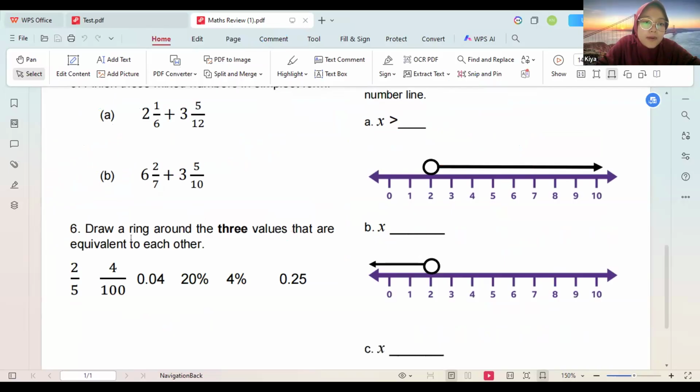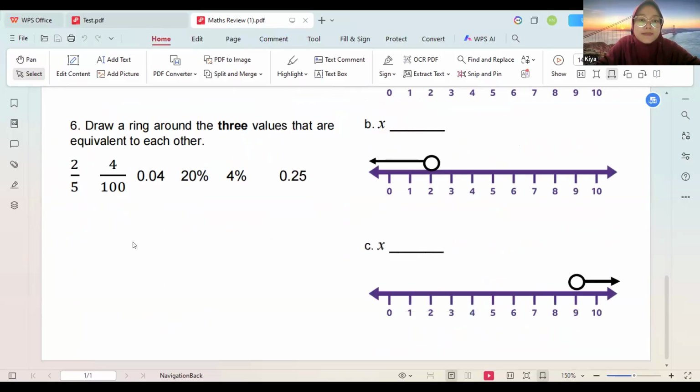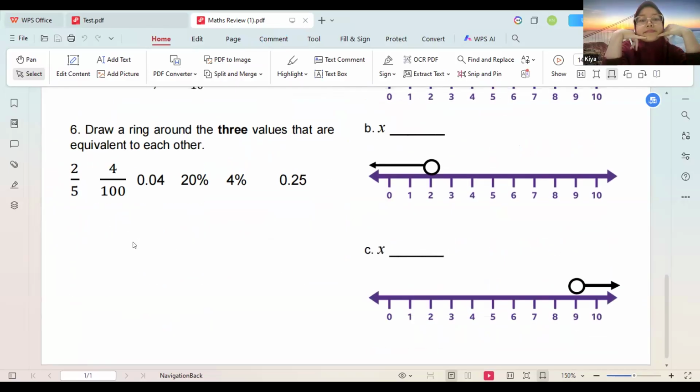Okay, how about the number 6? Please solve on the screen, Jay.